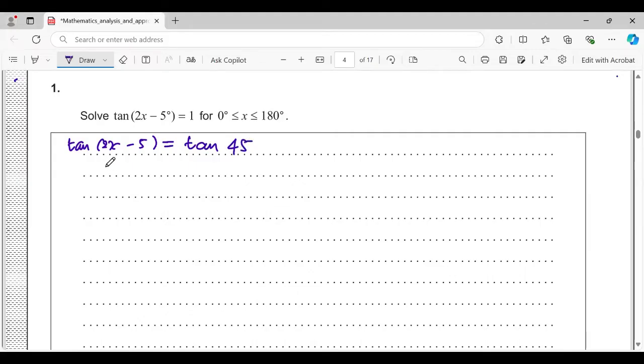So it becomes 2x - 5 = 45. So 2x = 50 because 45 plus 5, and x = 25.